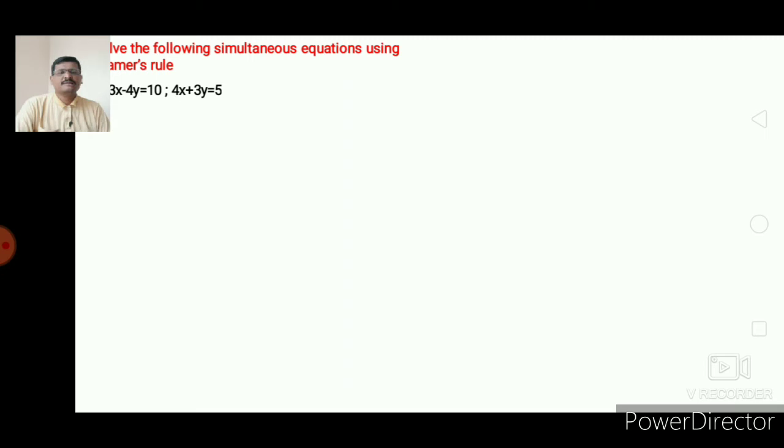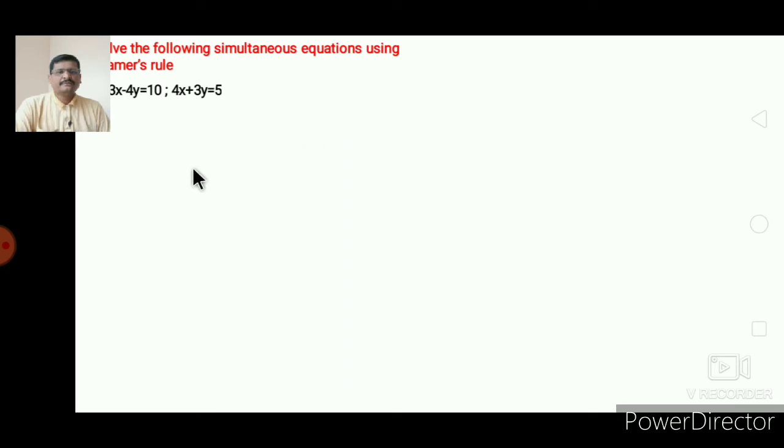First equation, 3x minus 4y is equal to 10, and 4x plus 3y is equal to 5. First, write down the given equations in the form a1x plus b1y is equal to c1 and a2x plus b2y is equal to c2.